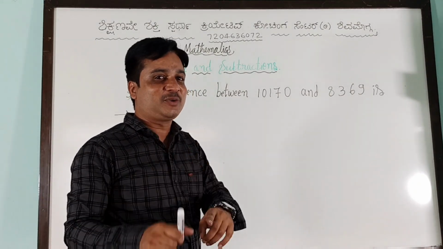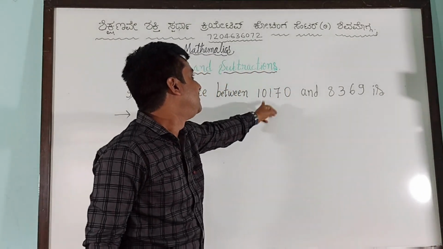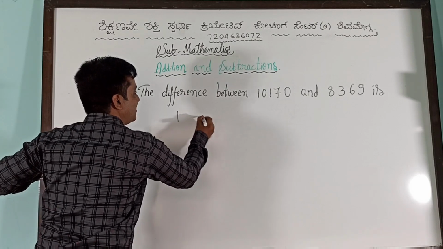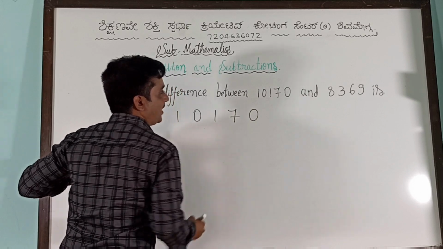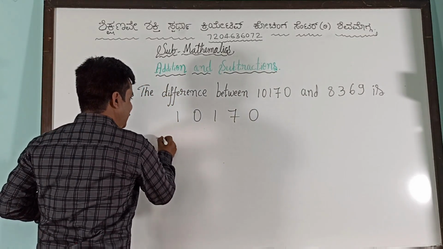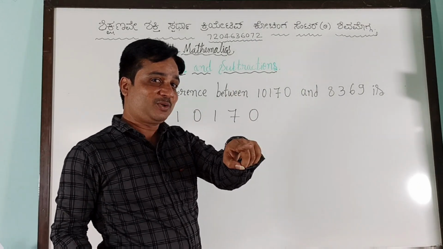We know that one. First let's write, as I told you all, if you want to make subtraction, first we have to write the greatest number. Compared to these two numbers, which is the greatest number? This one. Okay. So let's write that one. 1 0 1 7 0. Let's write it and make it minus. Here see, 10,000 according to their place we have to write.